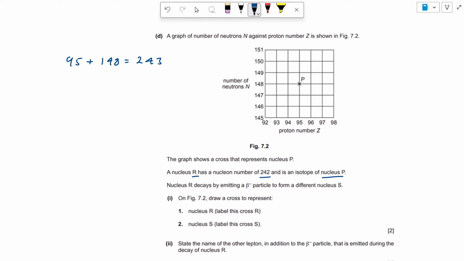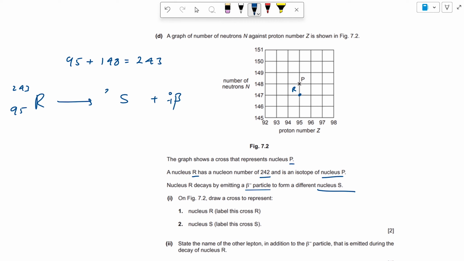So the difference between R and P is simply 1. So R is going to be found here. Now, R decays by beta particle emission to form nucleus S. So R has 243, and our proton number is 95. It decays to form S by beta particle emission.